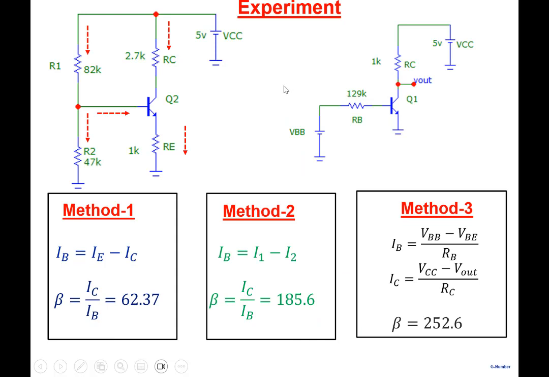So let me summarize. The 3 methods in experiment now gave 62.37, 185.6, and 252.6. So which one will you pick? All are obviously not right, but which one will you pick as the right value?